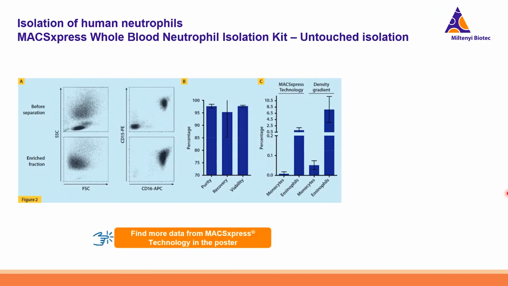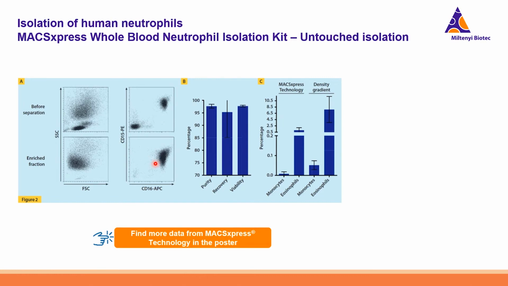Now, in these results, you see that human neutrophils are efficiently isolated from human blood using the MACSxpress neutrophil isolation kit. In the upper dot plot, you observe the cells before separation, and in the lower dot plot, you observe the cells after separation. After separation, the cells were stained with CD15 and CD16 antibodies, which are markers for human neutrophils.